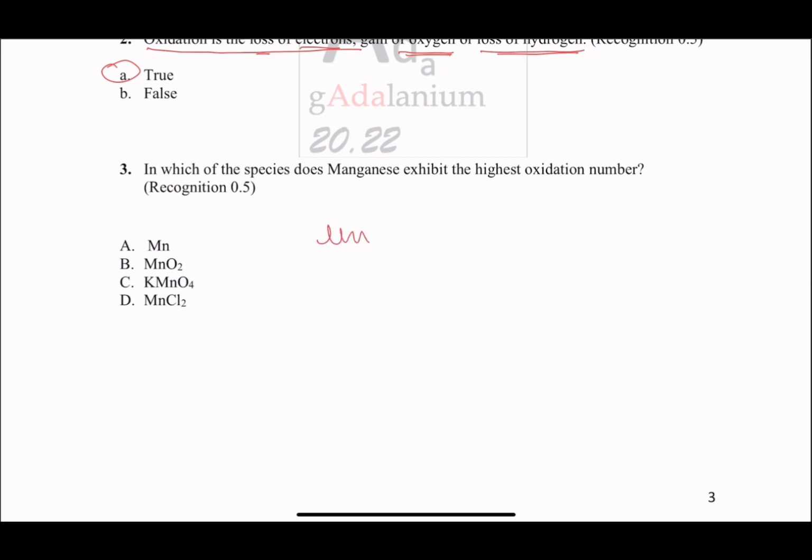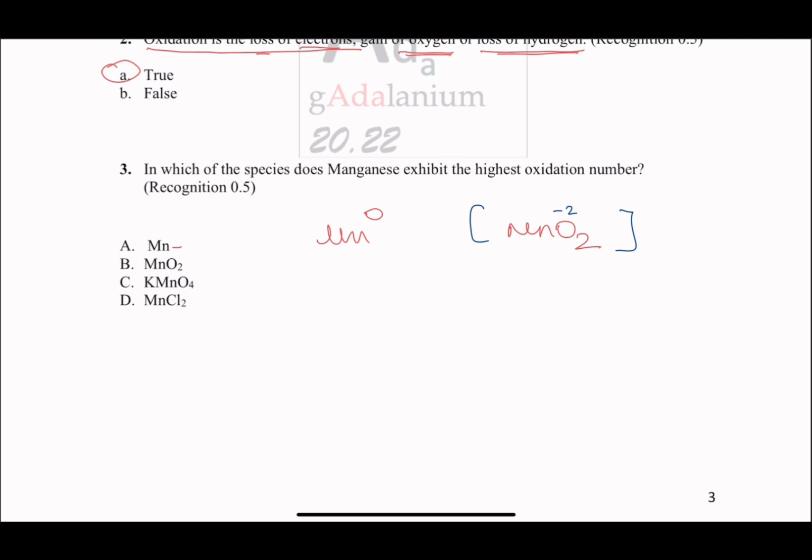So manganese in the first one is by itself, so the oxidation state is going to be 0. And then we have manganese oxide. I told you guys that oxygen is always -2, and this whole thing adds up to 0.